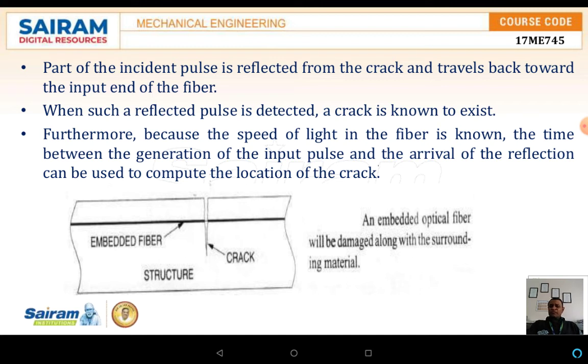The time taken between the incident and the emerging pulse can be measured, by which the particular point of the crack can be identified very easily. When such a reflected pulse is detected, the crack is known to exist. Furthermore, because the speed of light in the fiber is known, the time between the generation of the input pulse and the arrival of the reflection can be used to compute the location of the crack.